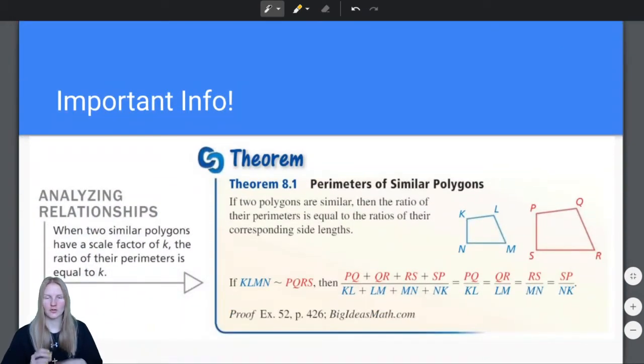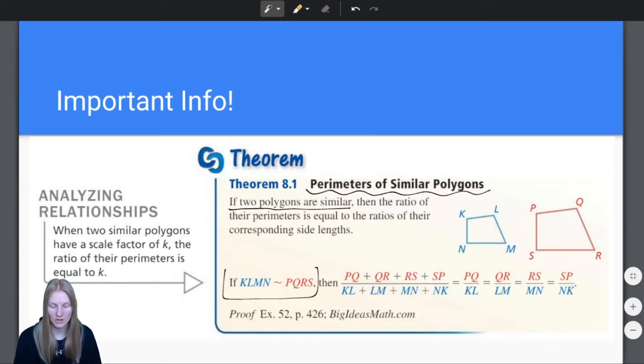All right. First important piece of information for the day is the perimeters of similar polygons theorem. So, this says, if two polygons are similar, we can only use this theorem if the polygons are similar.